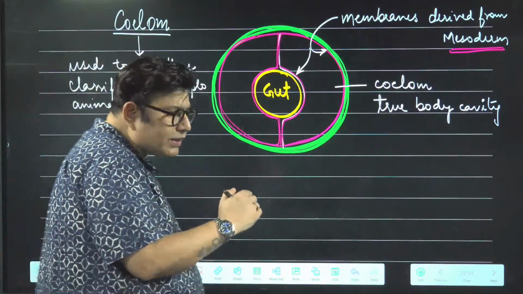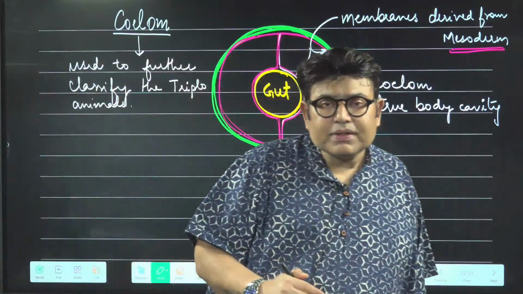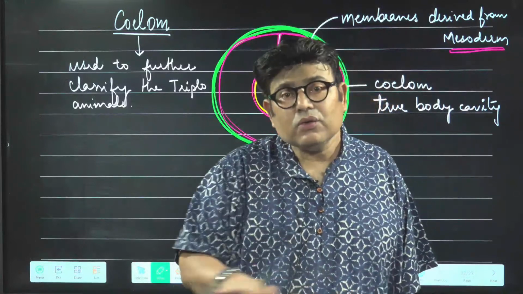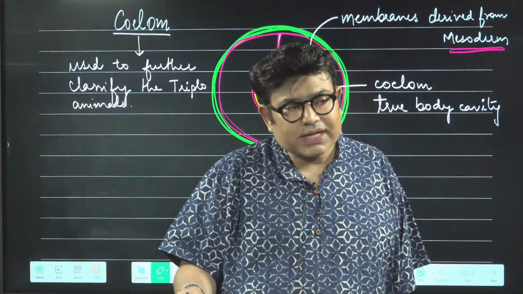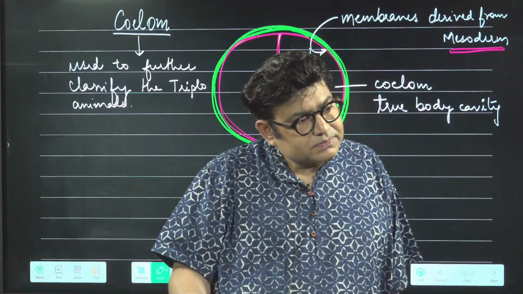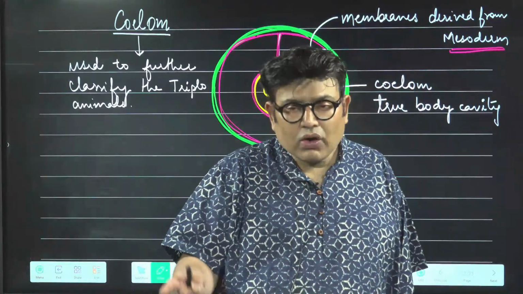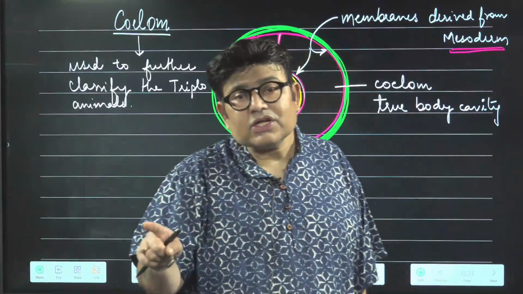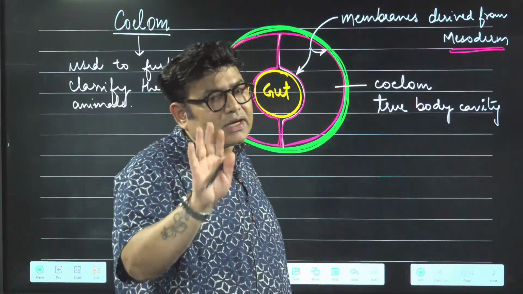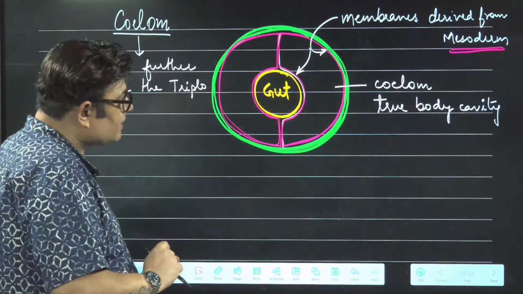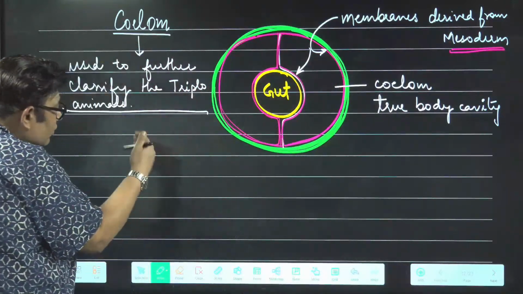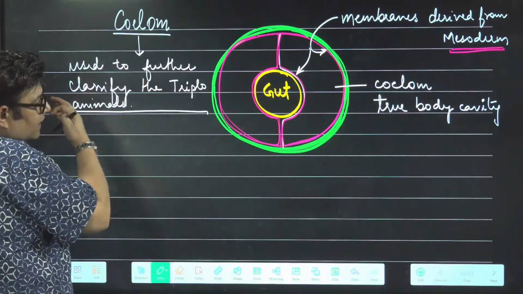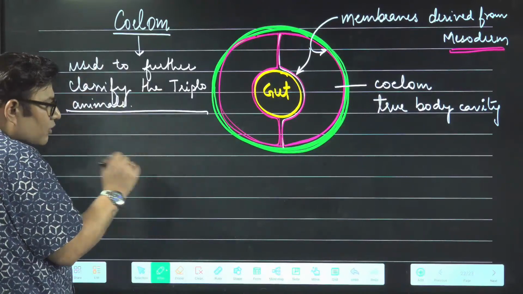So are all triploblastic animals coelomates? No, we are not saying that. But all coelomates are triploblastic animals. All coelomates must be triploblastic, otherwise they cannot be coelomates, but all triploblastic animals are not necessarily coelomates.